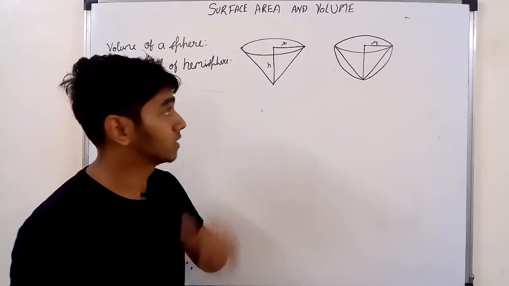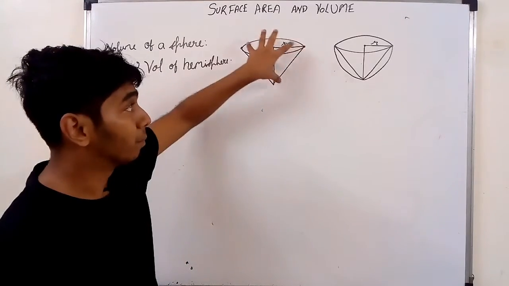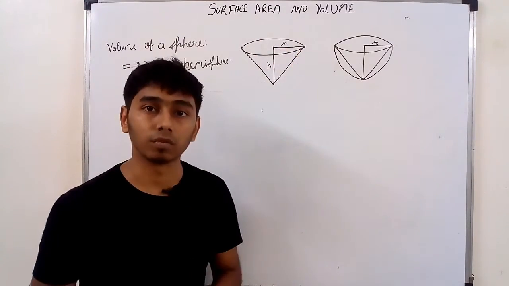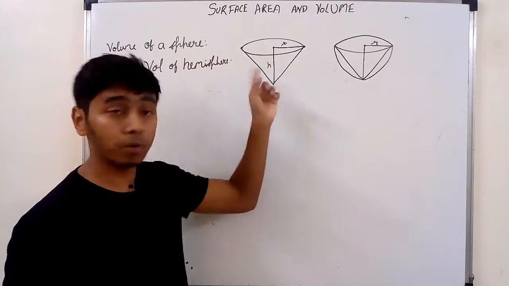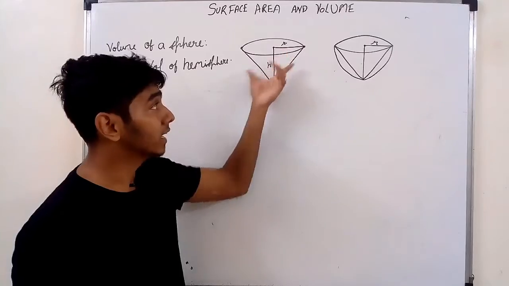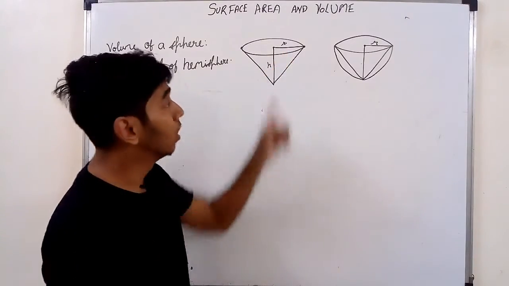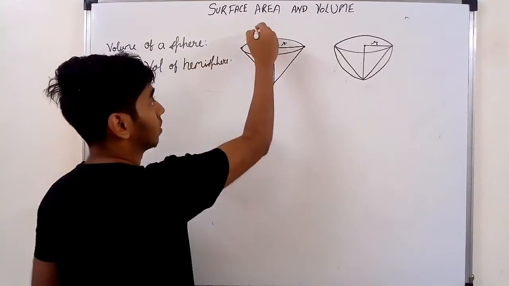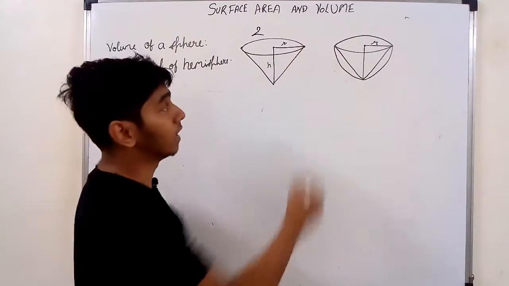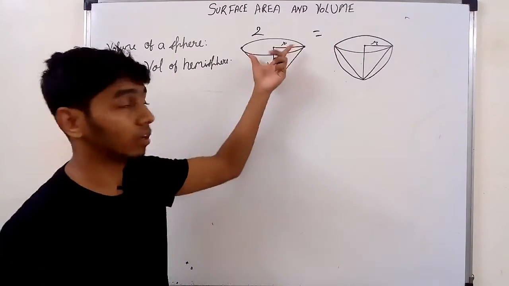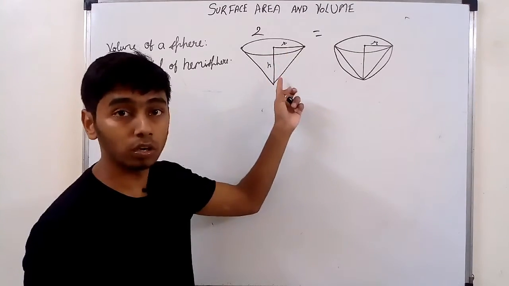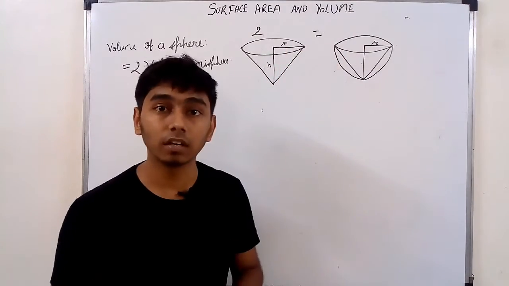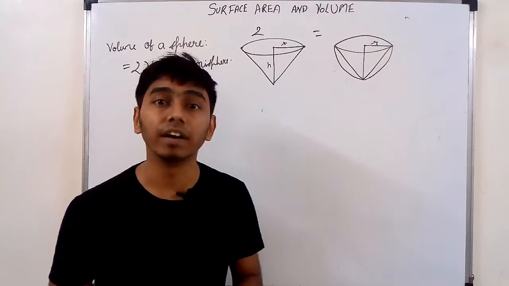I hope you are understanding this. Then we put fine sand, very thin particles of sand, inside this cone. When we put 2 times the fine sand from this cone into the hemisphere, the hemisphere gets filled.